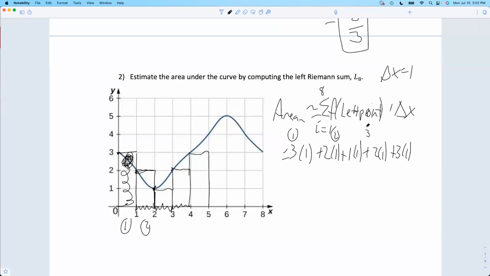So this was 3, this was 4. So 1, 2, 3, 4, 1, 2, 3, 4, 5. Yeah, I'm on my fifth one. Okay, I just wanted to make sure. Here's the sixth one. So I'm using the height at the left-hand side.